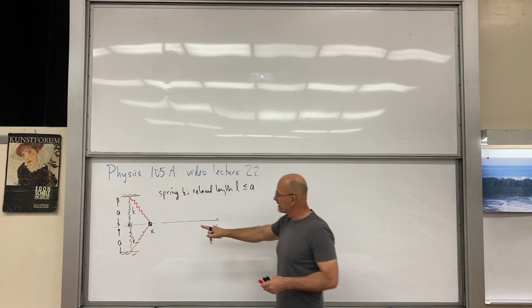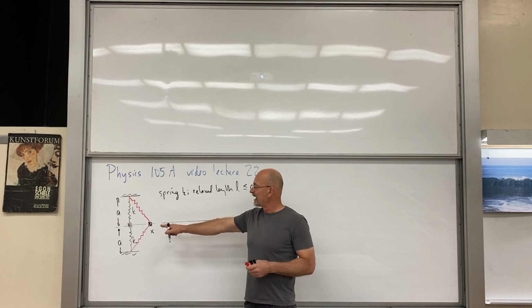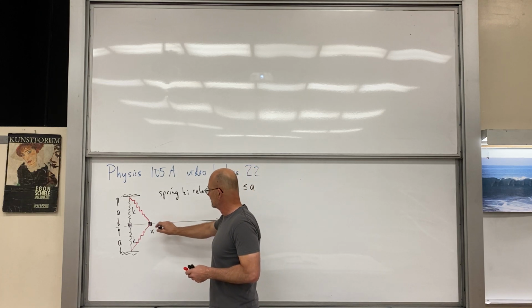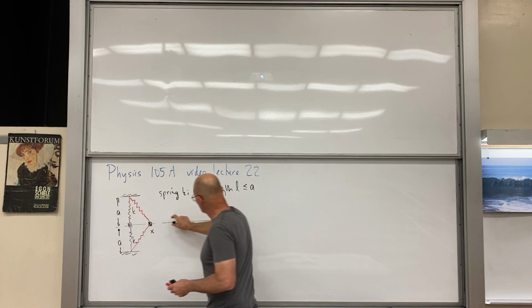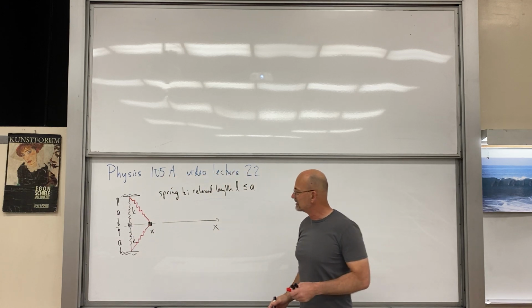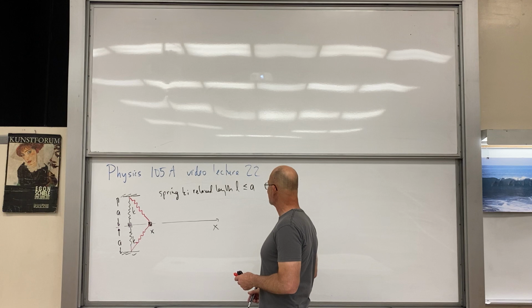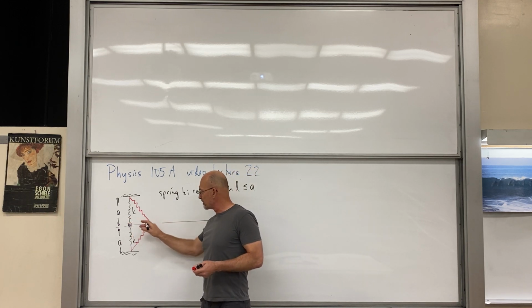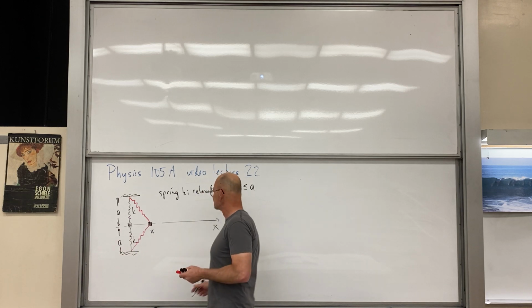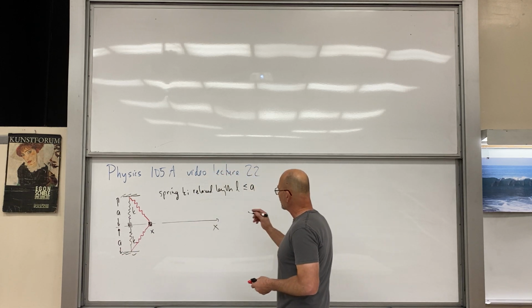And we want the potential energy as a function of X. It'll have a minimum here at the origin, and as we stretch it, it will increase. Okay. And just by the construction, we see the thing is symmetric with positive and negative X. Okay, so what do we have here?